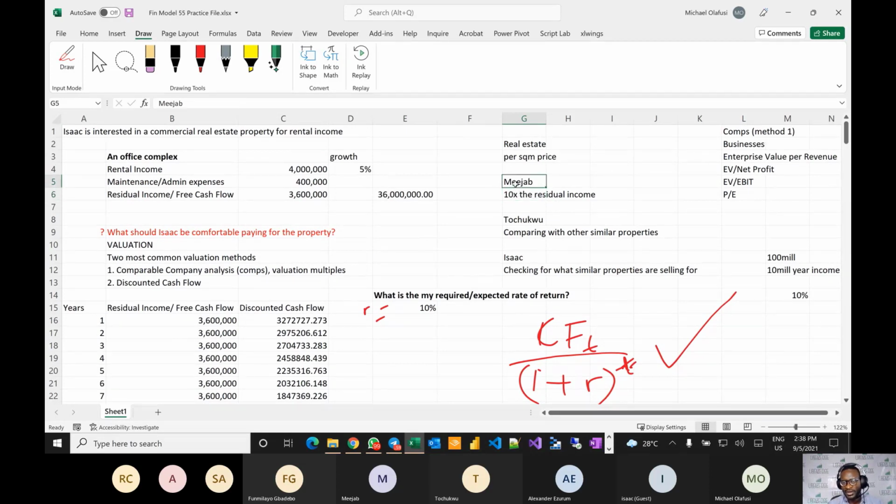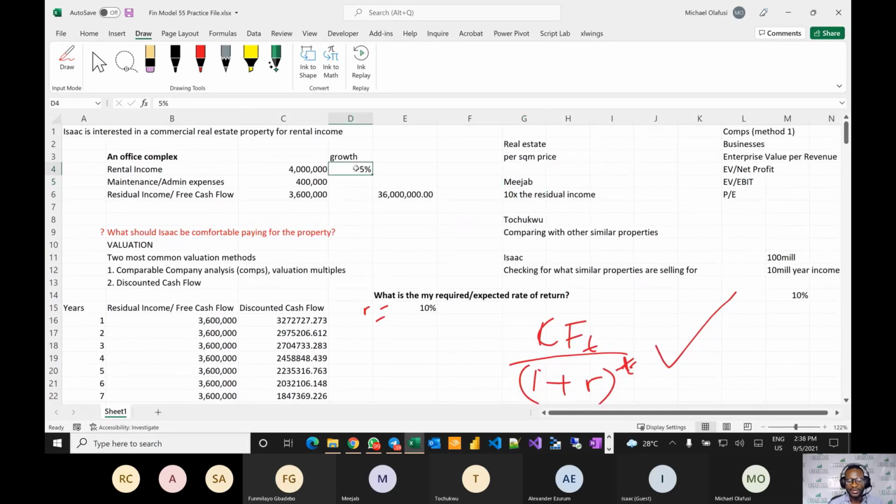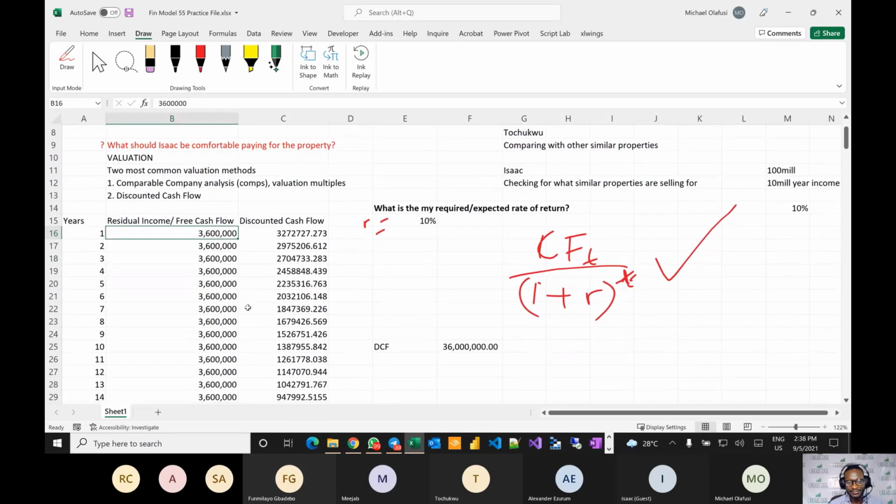So we can use something as simplified as X times. Now let's see how, if this is factored in, we would have gotten the result. If I come in here and I say this has to be growing at 5% every year, which means the next cash flow is going to be equal to the previous one times 1 plus the growth rate.